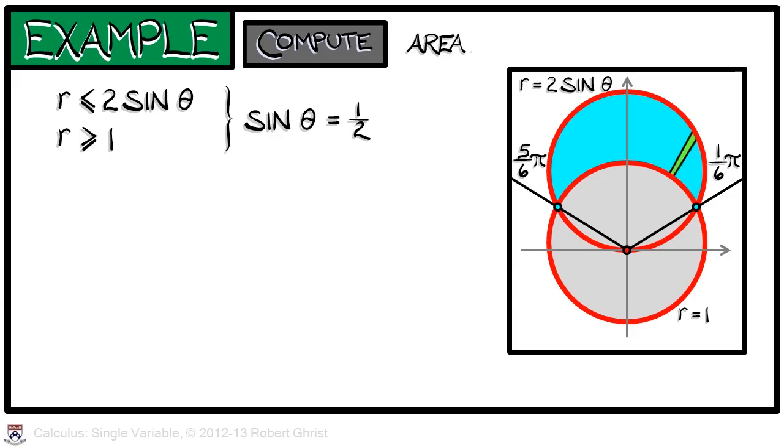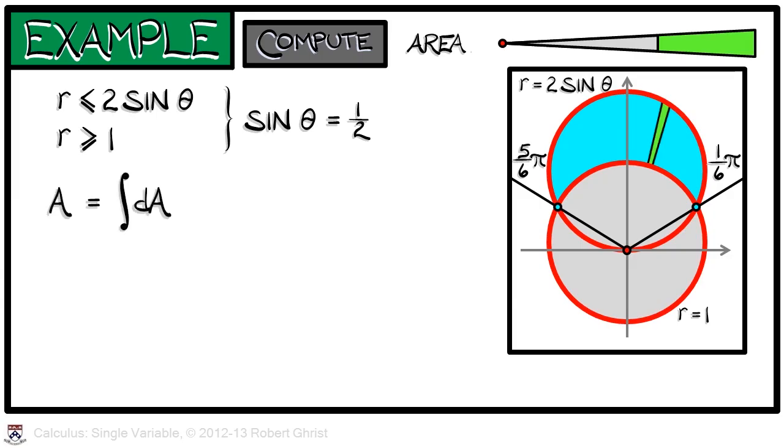And now we want to compute the area of the region between the one and the other by sweeping out with an angular wedge. This area element is going to look like the difference between two triangles centered at the origin. The area element, dA, in this case, is going to be what?